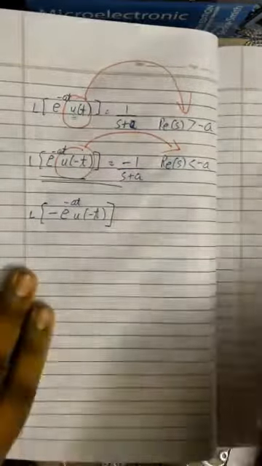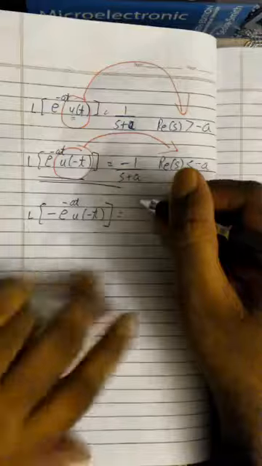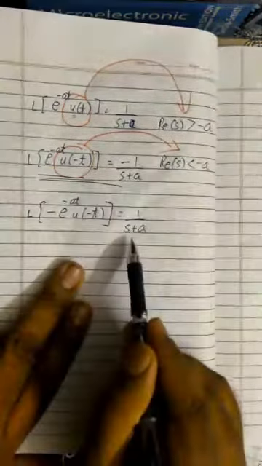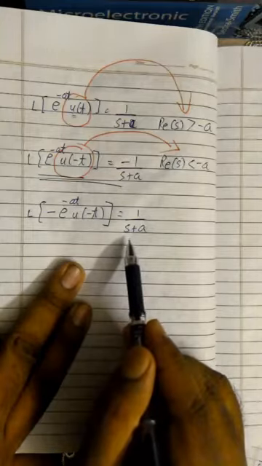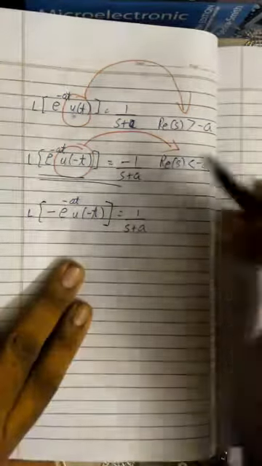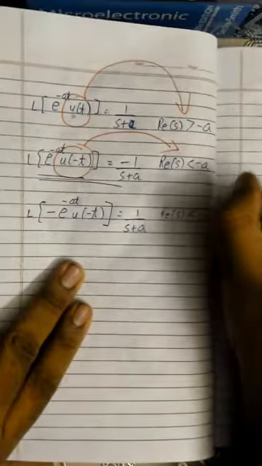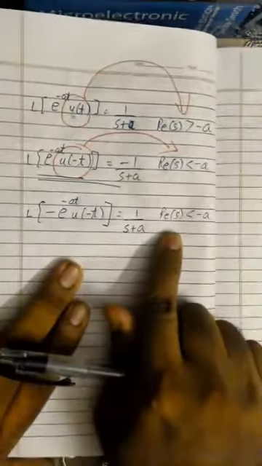Then your Laplace transform will be 1 by s plus a itself. And since this is a left-sided signal, your real part, as usual, will be less than minus a.